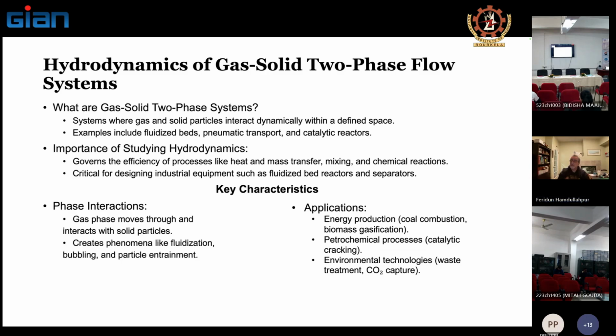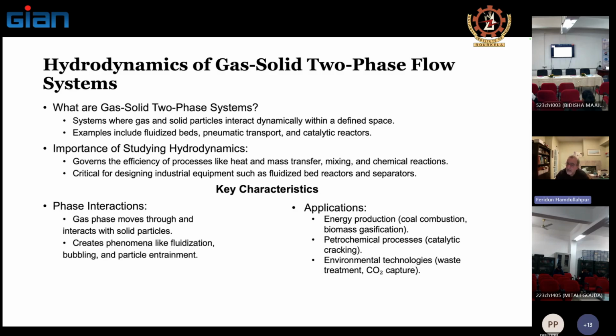So as you will see, let me just show you here on the application side. I don't know if you can see my cursor here. So we use it, we burn fuel, or we gasify fuel. We use it in petrochemical processes like catalytic cracking, or waste treatment, or carbon dioxide capture in many different applications.